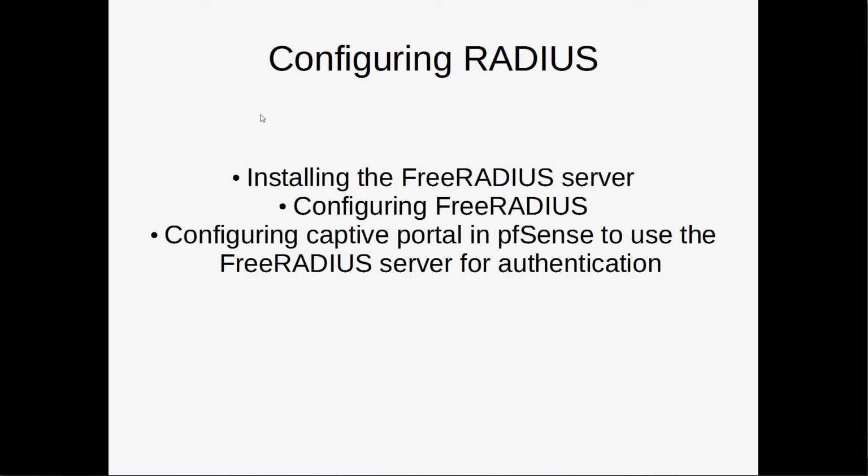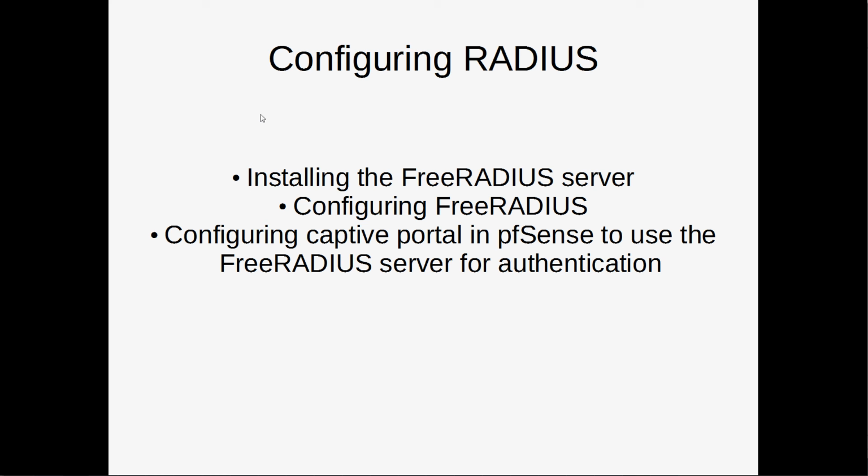And just a brief note on the deployment strategy here. I am installing the FreeRADIUS server on a separate network than our captive portal network. This would seem to be good practice, just because the captive portal network is meant to be relatively open, and if somebody compromises the captive portal network, you don't want them to gain access to your Radius server as well.